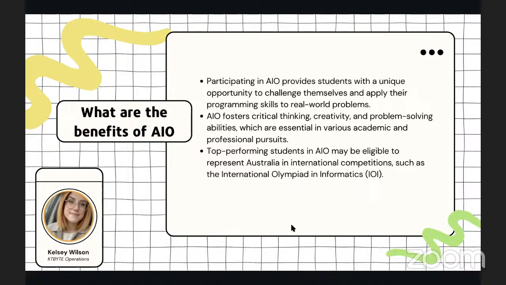And then the problems on any one AIO contest are definitely a spectrum. It's not expected that any person will be challenged by all problems. Any beginning student will be challenged more by the earlier problems and probably won't be able to do the later problems.